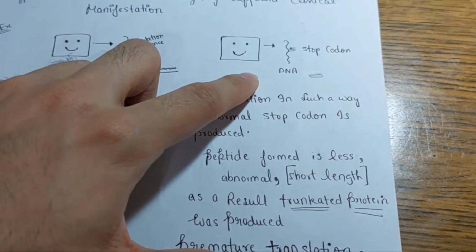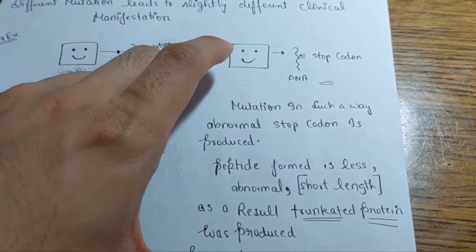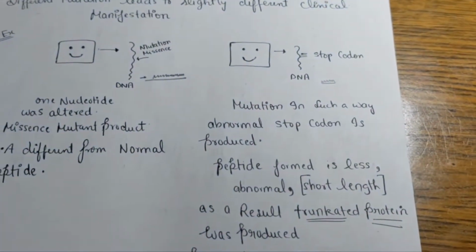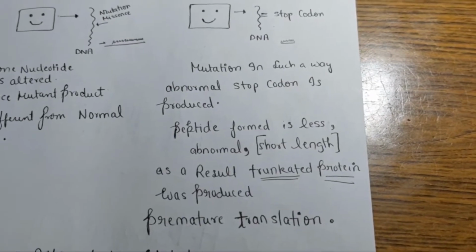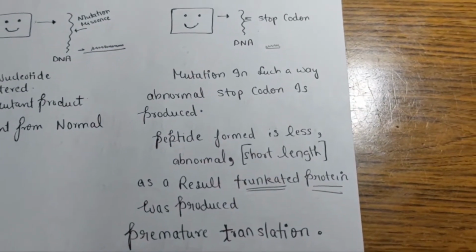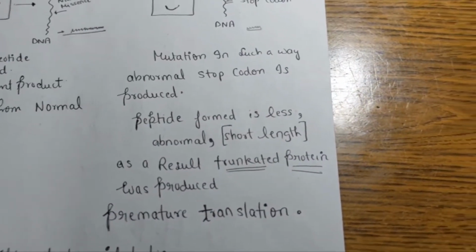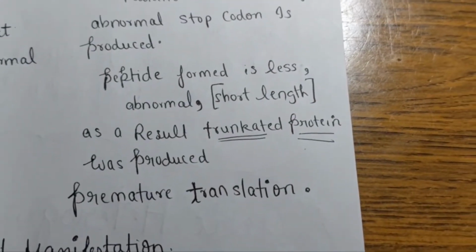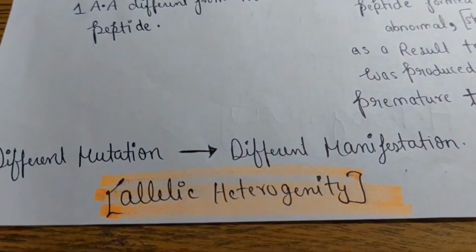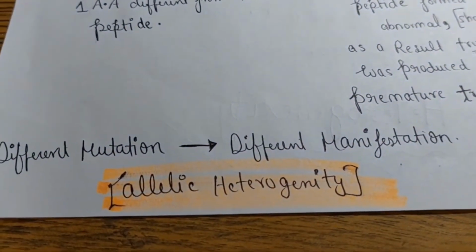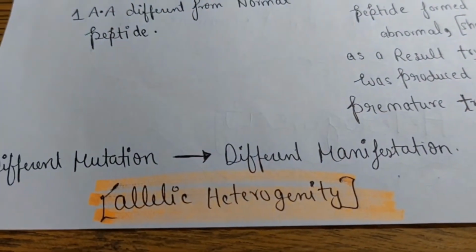In this allele, there was a mutation which took place in such a way that it formed a nonsense mutation, and there was premature appearance of a stop codon, and that resulted in formation of a truncated protein due to premature termination of translation. So this proves that different mutations can have different manifestations according to allelic heterogeneity.